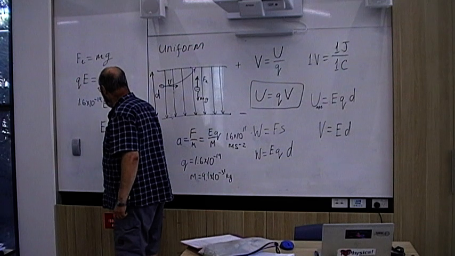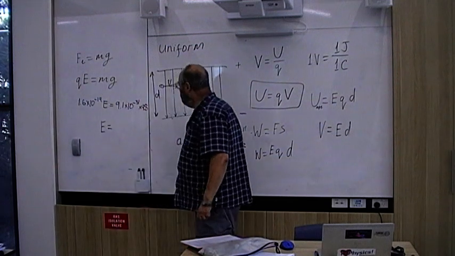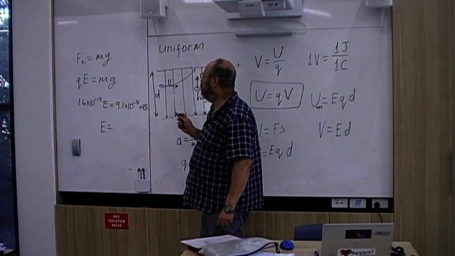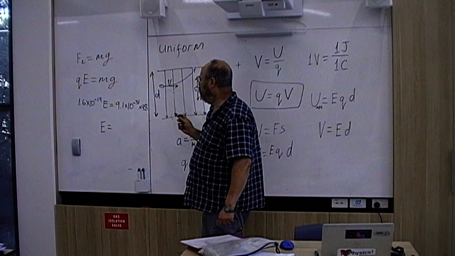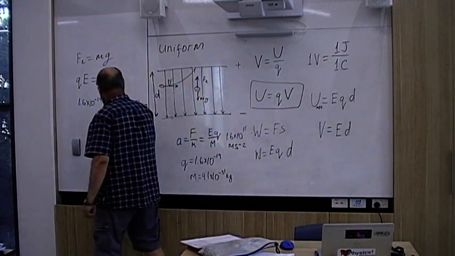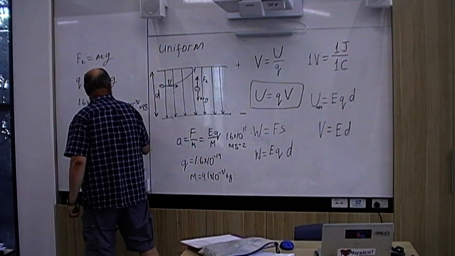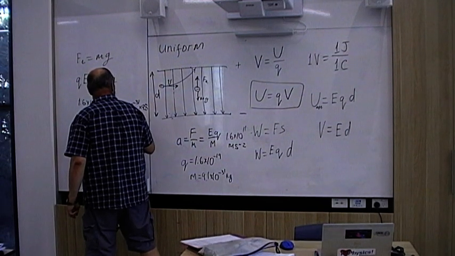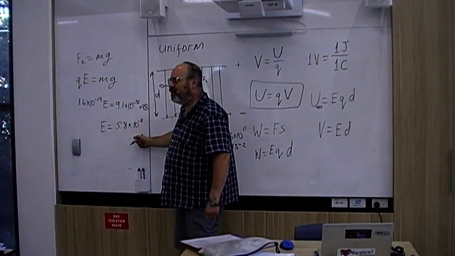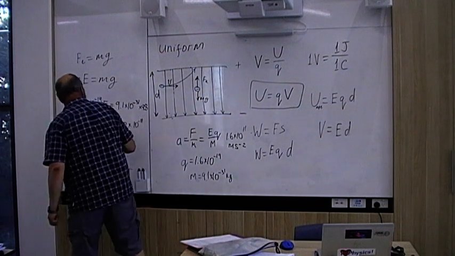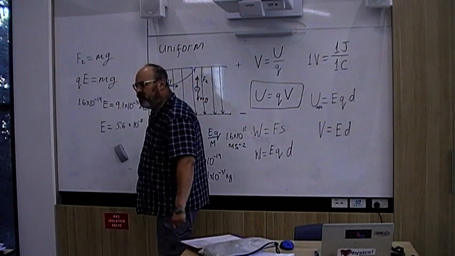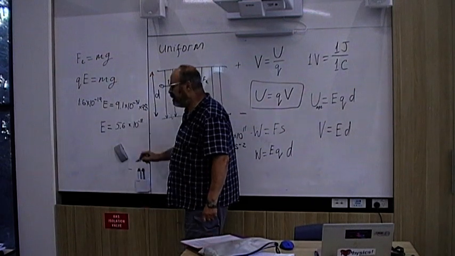E will be equal... Can you please check with the calculator how much? 5.6. Okay, 5.6 times 10 to the negative 11.